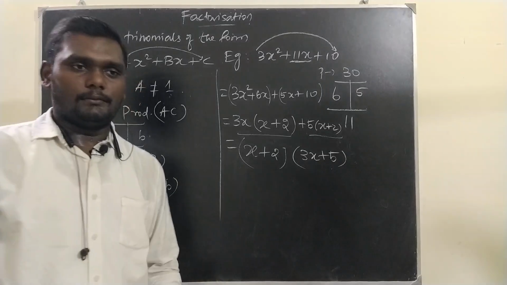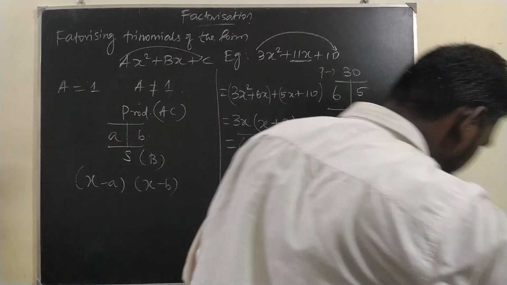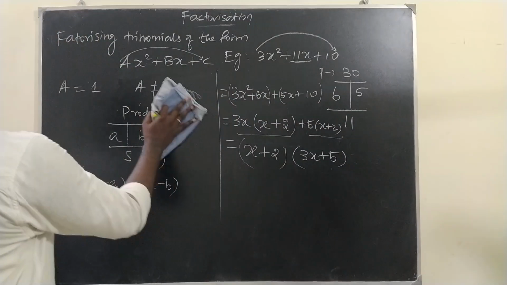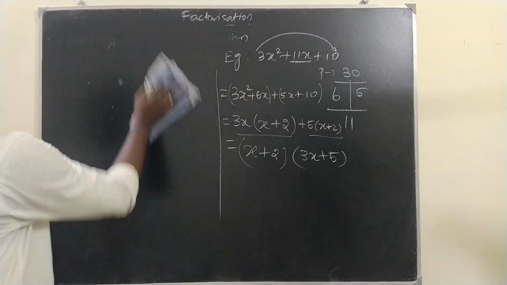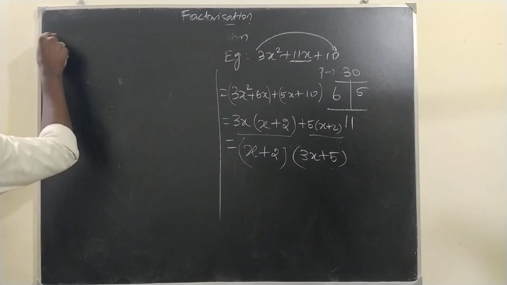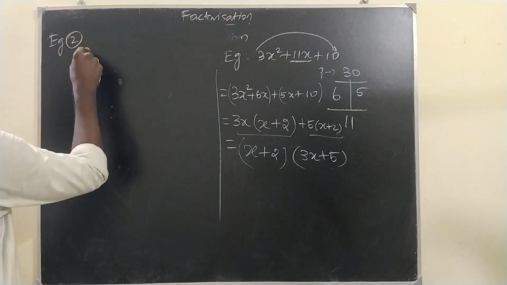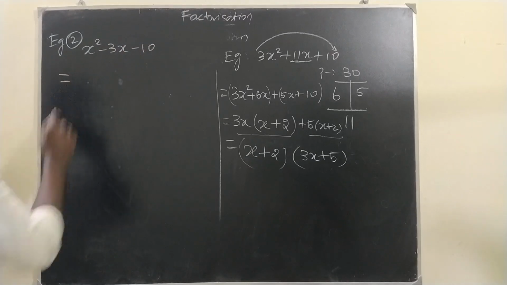And this is the actual method. I will demonstrate the same with another question: x² − 3x − 10.